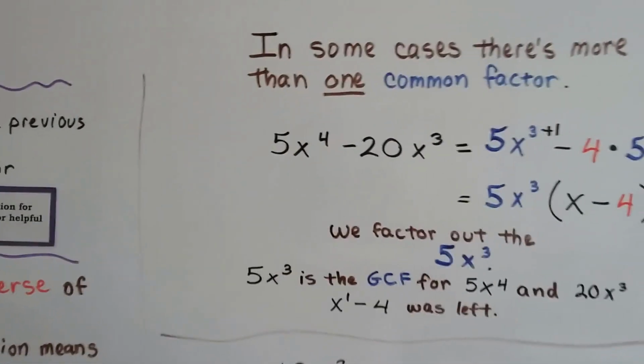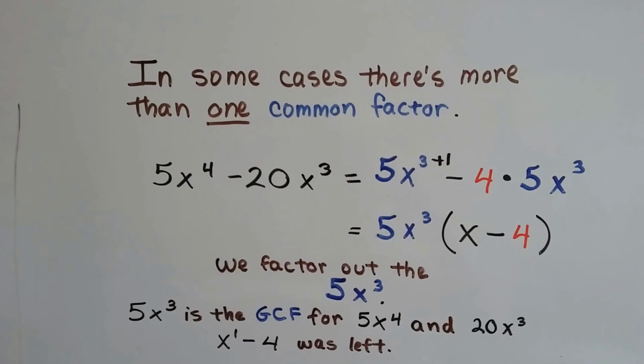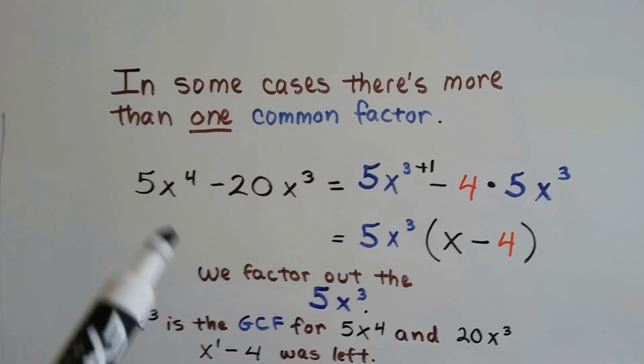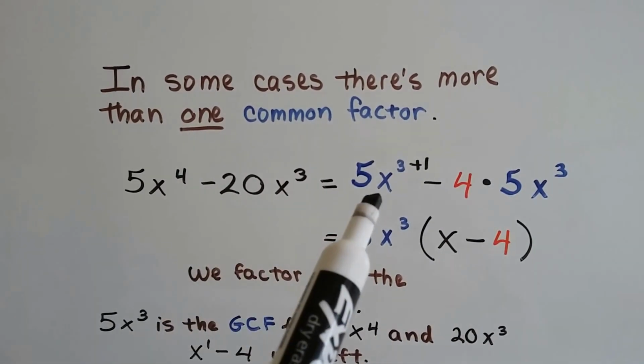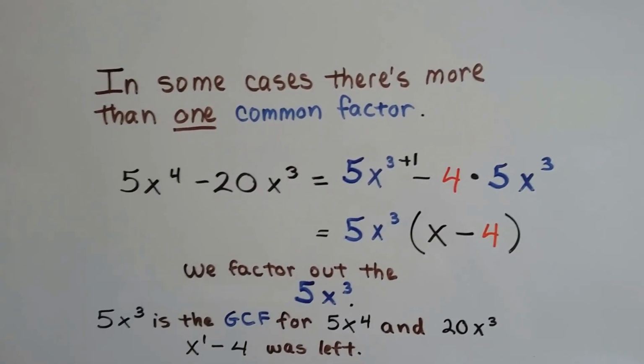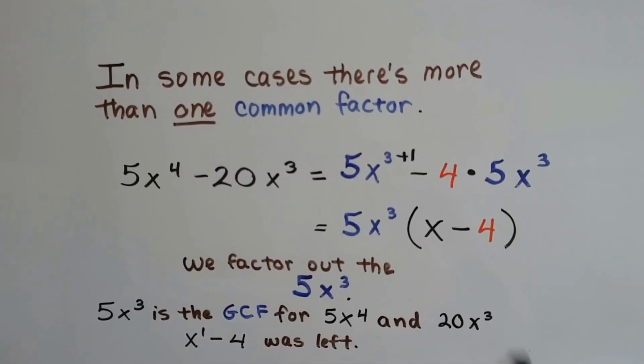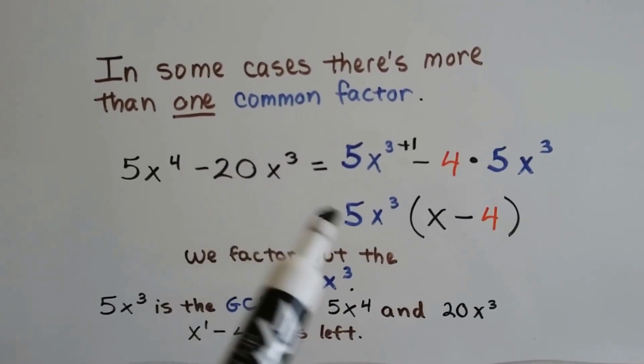Okay? Well, in some cases, there's more than one common factor. In 5x to the fourth minus 20x to the third, we can actually pull out this x to the third, since x to the fourth is x to the third plus 1. We can pull out 5x to the third on each side. 4 times 5 is 20.